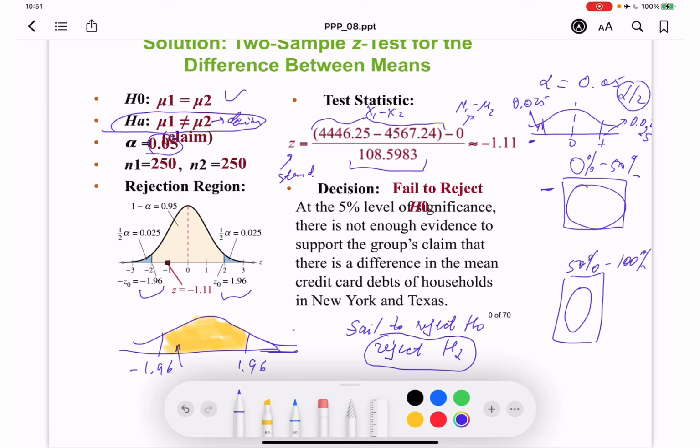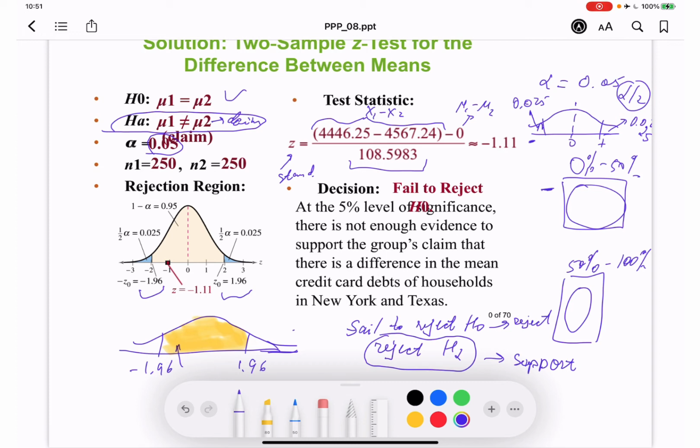Okay, so we need to use the verbiage support, right? Because the alternative uses the verbiage support, and the null uses the verbiage reject. So using the verbiage support, we're going to build the sentence that will mean that we reject the null hypothesis, alternative hypothesis. So how are we going to build it here?